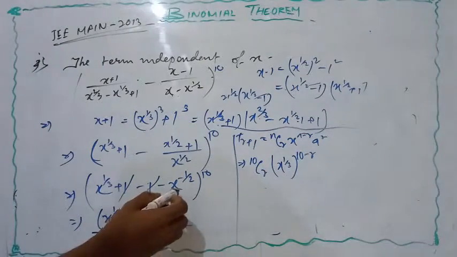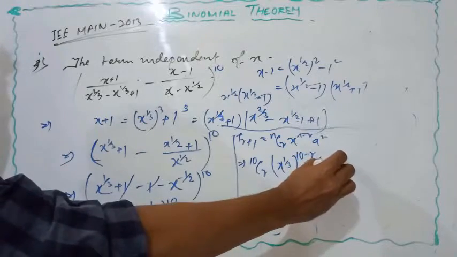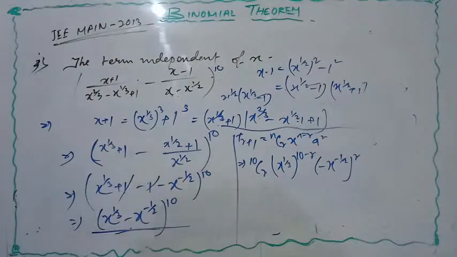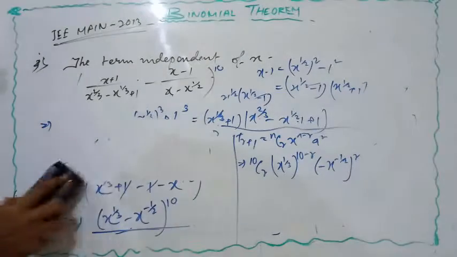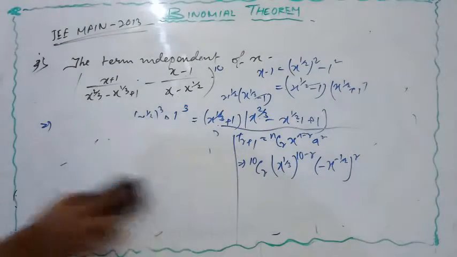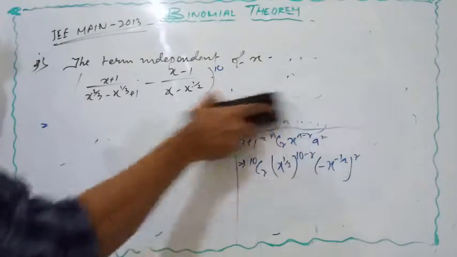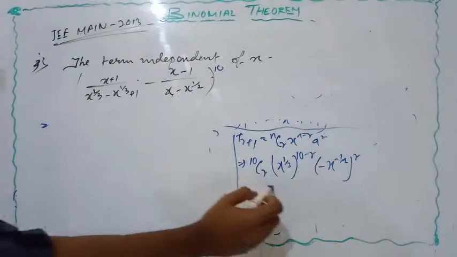What is a? a is minus x to the power minus 1 by 2, to the power r. I am erasing this part so that you find no difficulty. So we have got the general term.